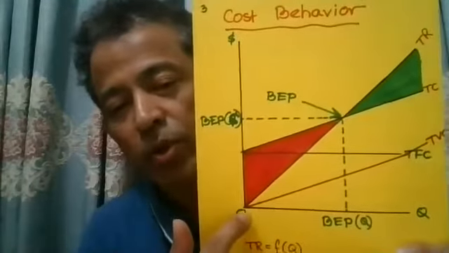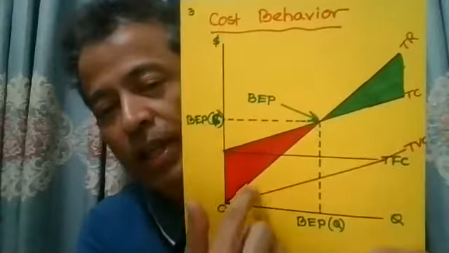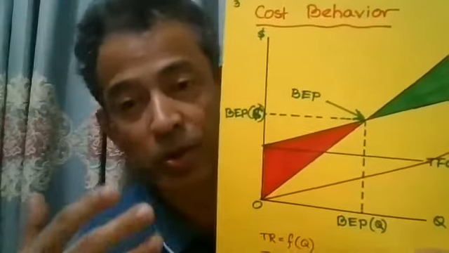All right. So for any viable business model, the total revenue line must have a steeper slope, a bigger slope than the total variable cost line. It means if you cannot cover even your variable costs, let alone fixed, then you have no business model. You don't have a viable business model.